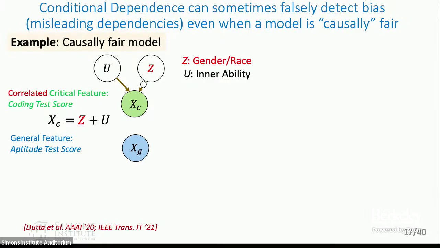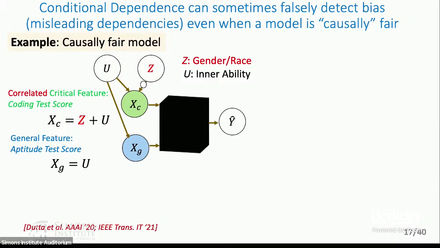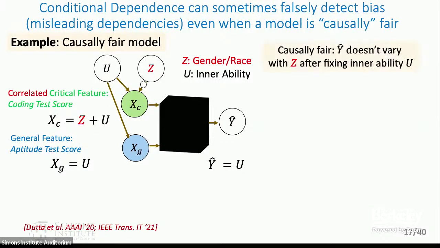And let's say the aptitude test score happens to be just U. And the model is able to distill out this true inner ability and take decisions entirely based on U. So such a model is causally fair because the output Y hat does not vary with Z after fixing this inner ability U.